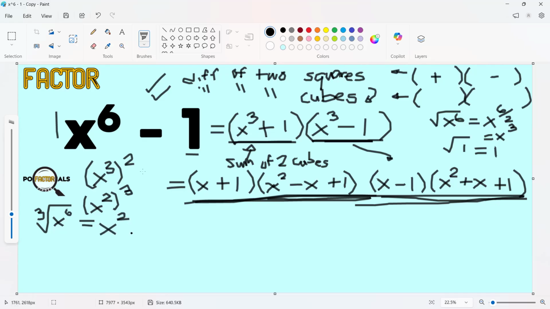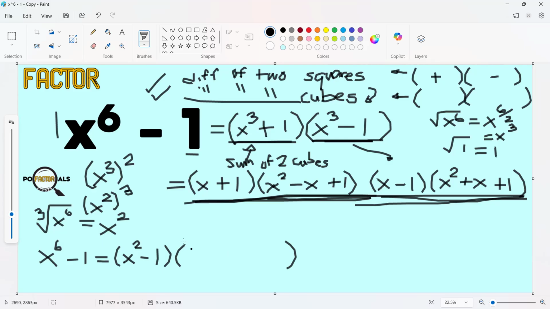We're using that because if you have your x to the power of 6 minus 1, and you would like to pass through this first and see if the result here is the same as later, you will have here the first factor, which is a binomial term, and a trinomial expression. Okay, so the cube root of the first term is x squared. The cube root of the second term is negative 1, so you will have x squared minus 1.